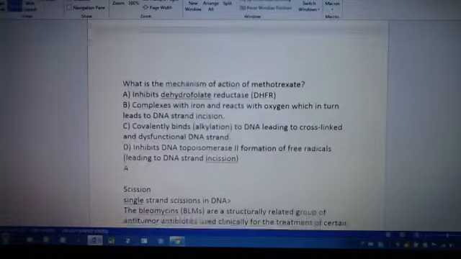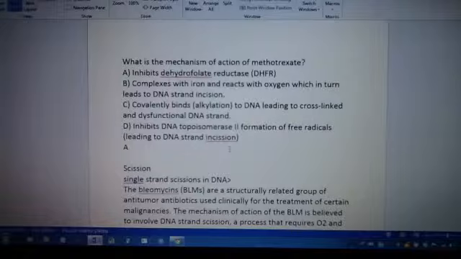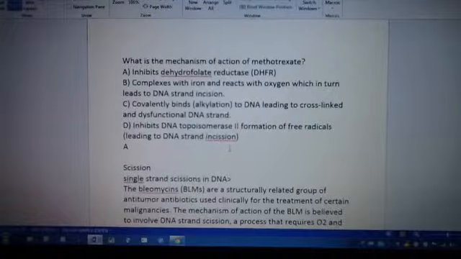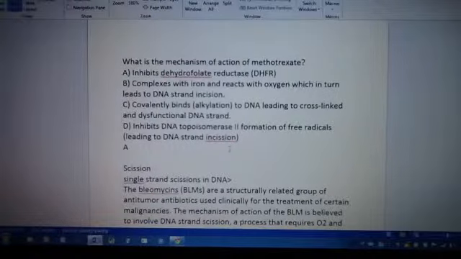Okay. So what is the mechanism of methotrexate? A. Inhibits dihydrofolate reductase, DHFR. B. Complexes with iron and reacts with oxygen, which in turn leads to DNA strand scission. Sorry, that's a mistake, it's not incision, it's scission.